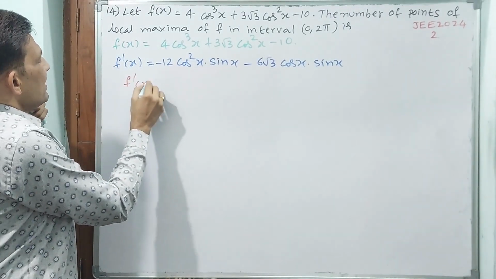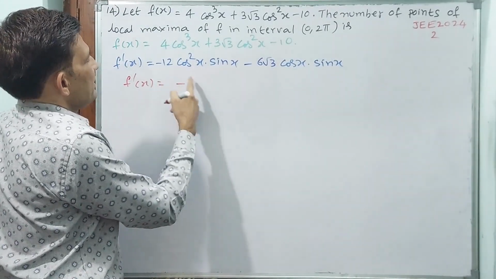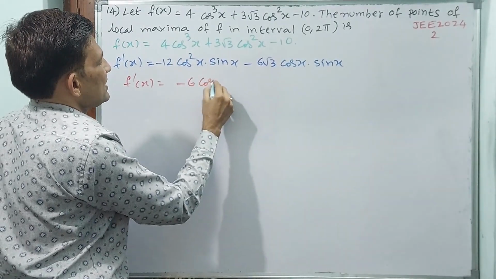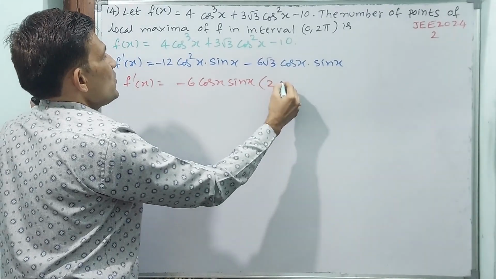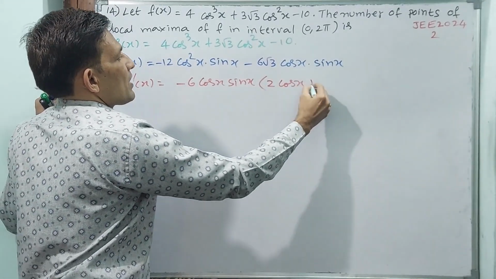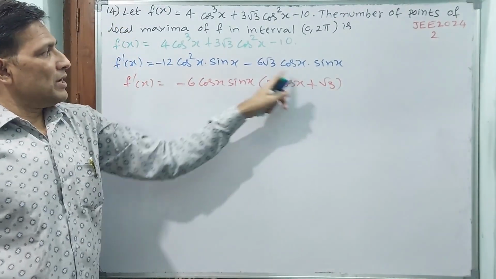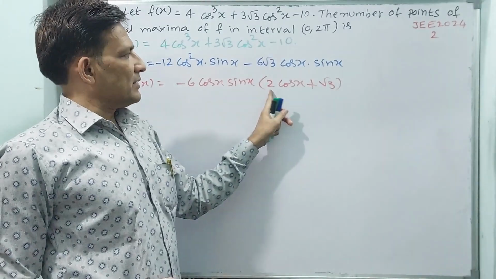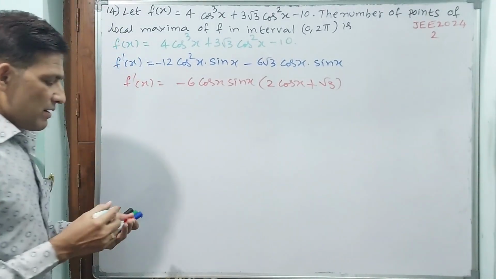Once again, f'(x) equals minus 6 cos x sin x, then what is left here: 2 cos x plus √3. Both should become negative, that is why the minus; if you take it common inside the bracket, both should become positive.